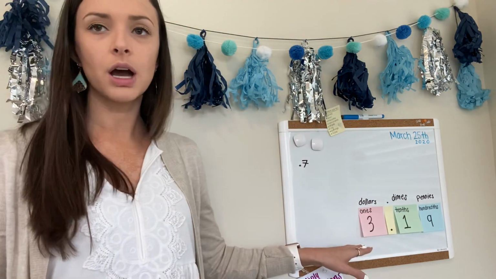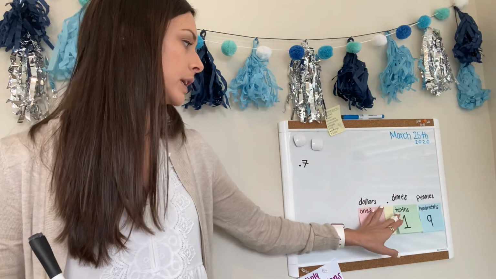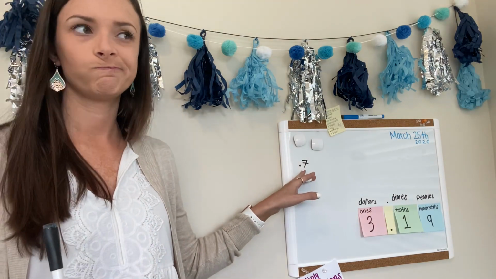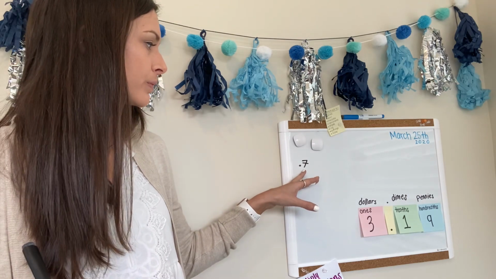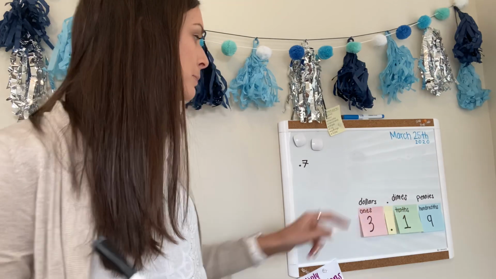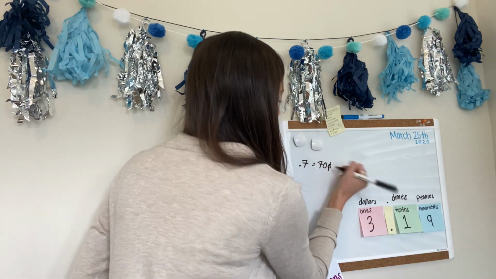If we think of our decimals in the same way and relate them to money, how much money do we have here? Yeah, this means that we have 7 dimes, which would equal 70 cents.